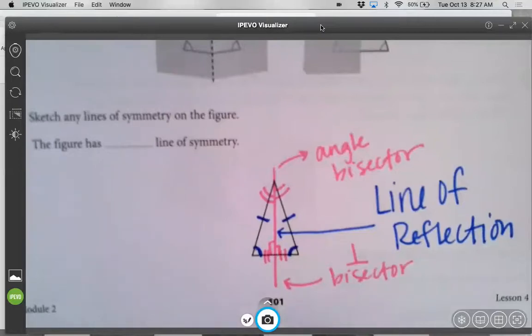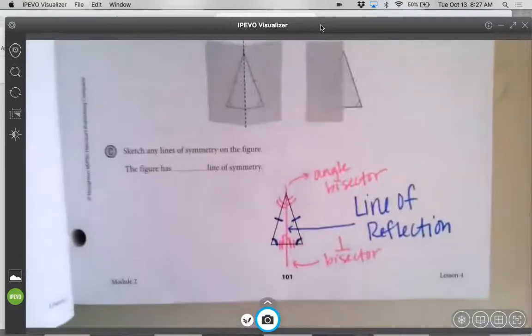So this pink line that cuts our triangle in half provides a reflection from one side to the other as well. So really, all we're getting that's new in terms of what symmetry means is symmetry is a line of reflection that cuts a figure in half. We already knew it cut the figure in half. Now we're combining it with our definition of reflection.